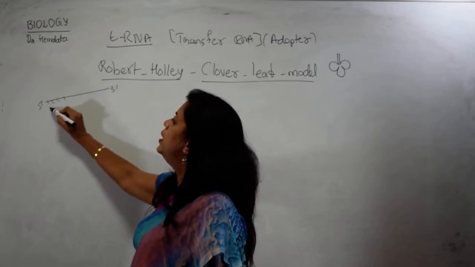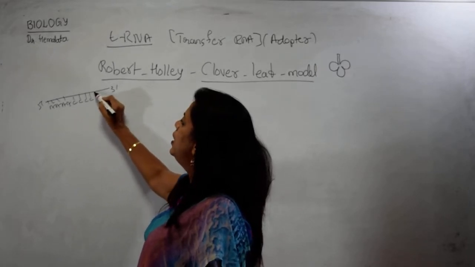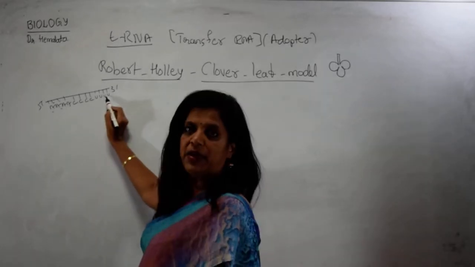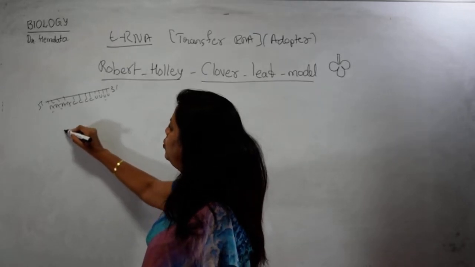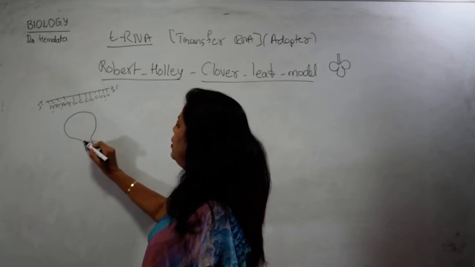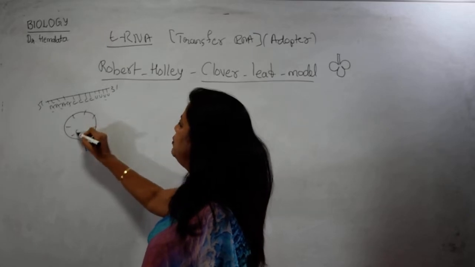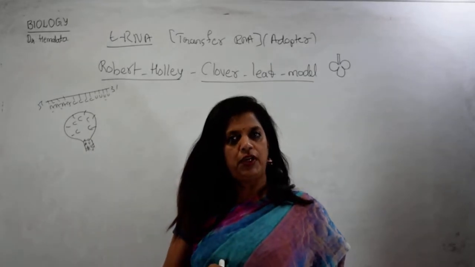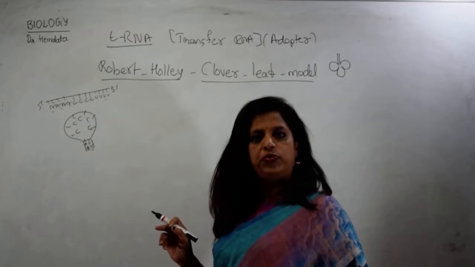Imagine there is A here, and suppose here it is C, and here you have U. You know that A and U are complementary bases. So it may undergo pairing like this, that is A pairs with U, whereas C will form loops. These loops are formed in the structure of tRNA. Therefore, in tRNA I show three types of loops formed.